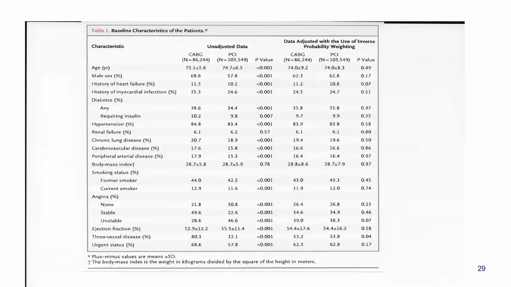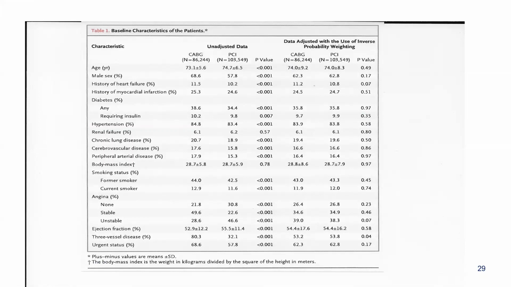Okay, so then this is our table 1, where we have the unadjusted data and then the data adjusted by IPW. So you can see, now this study was done several years ago. Had I sort of known what I know now, I would have used standardized differences here instead of p-values.